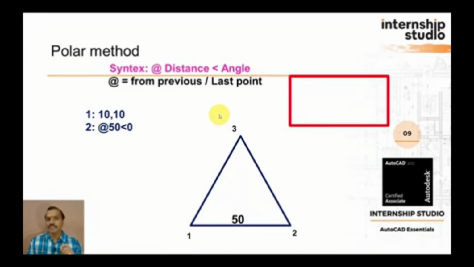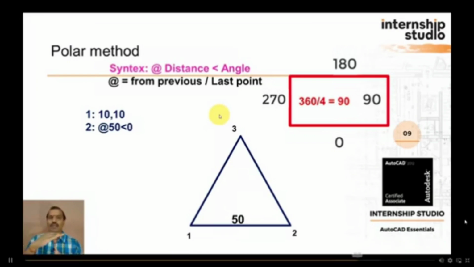Every closed object will have 360 degree, right? So this rectangle also has 360 degree taken by 4 lines. So 360 divided by 4 is 90 degree. So the angle between each line is 90 degree. That is why we draw a rectangle using 0, 90, 180 and 270.